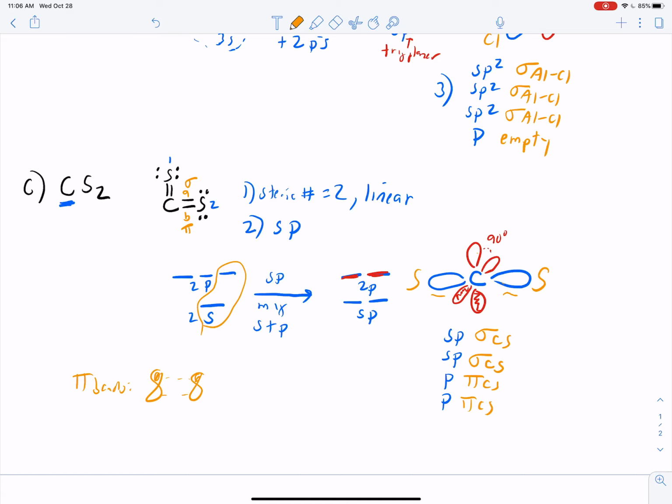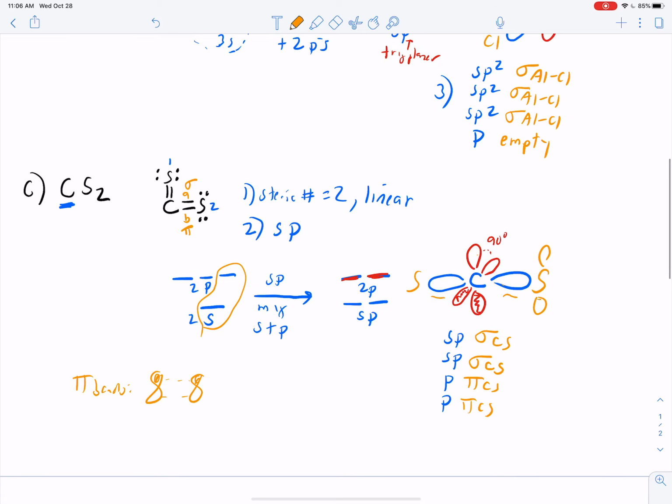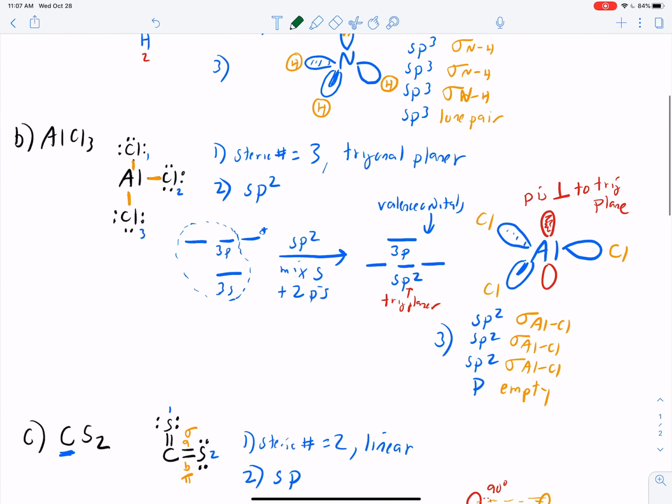Essentially there's going to be a p orbital at sulfur as well that can overlap with the p orbital at carbon to make one of those pi bonds, and there's going to be a p orbital at this other sulfur which can overlap, I'll make it green, with that p orbital to make the other pi bond. And that is all I got.